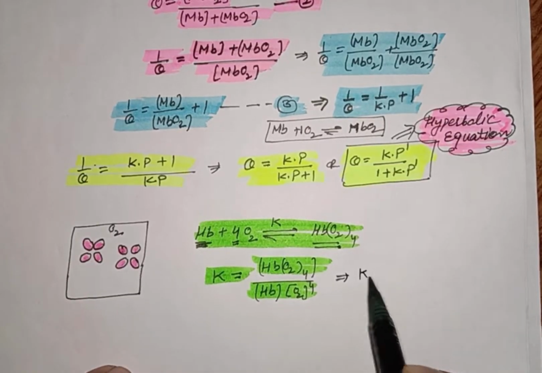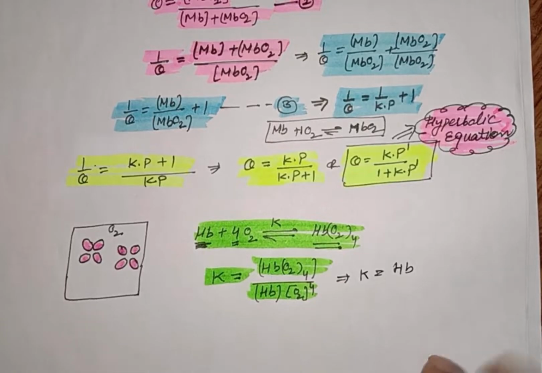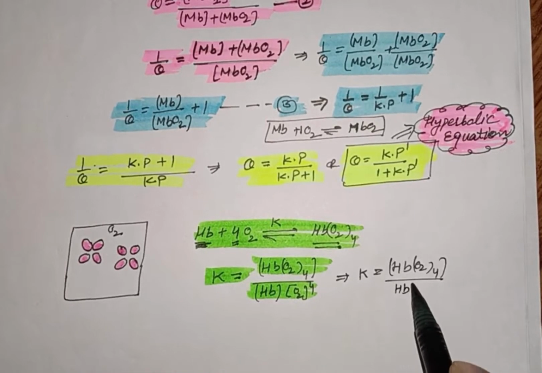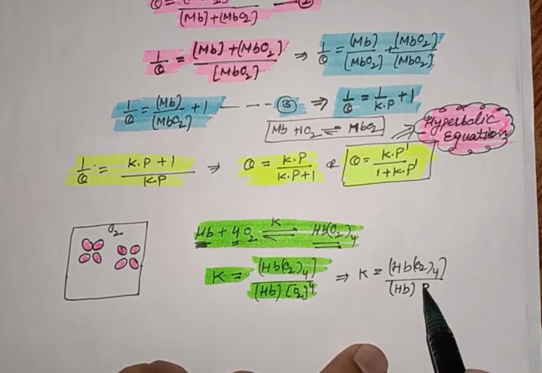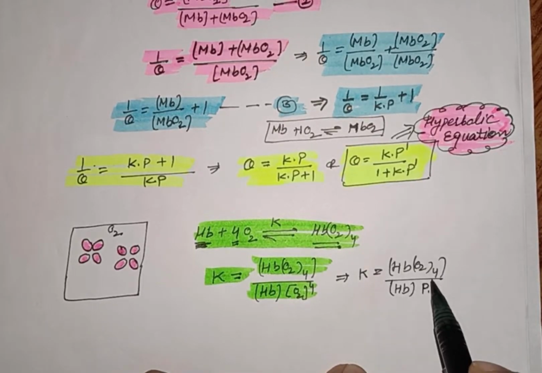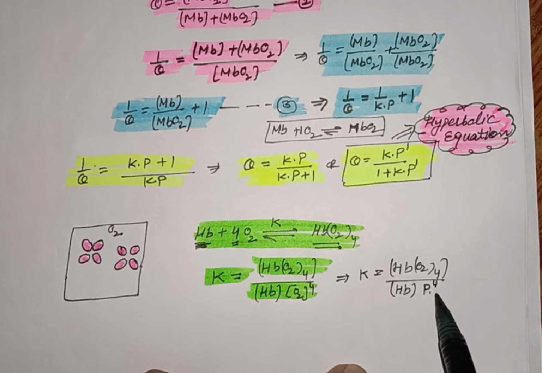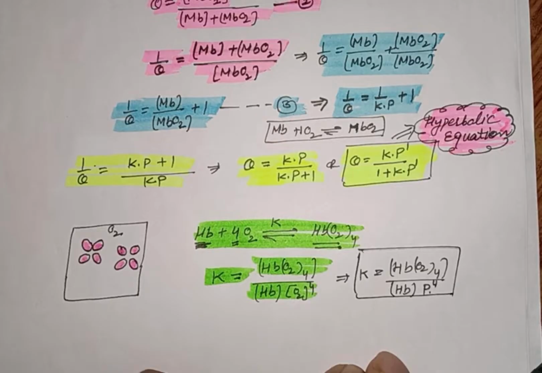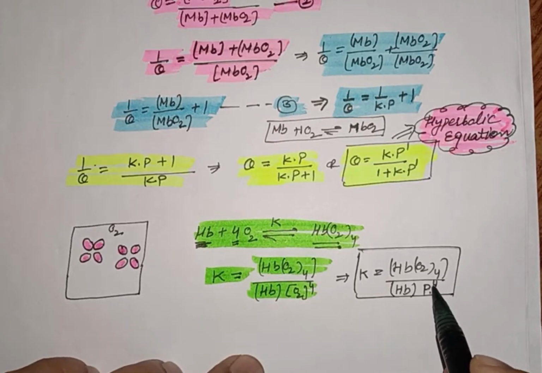So the value of K is the concentration of HbO2 4 divided by the concentration of Hb, and then the partial pressure of oxygen to the power 4. The power of the partial pressure of oxygen should be 4 in the case of hemoglobin, but this power is not 4.